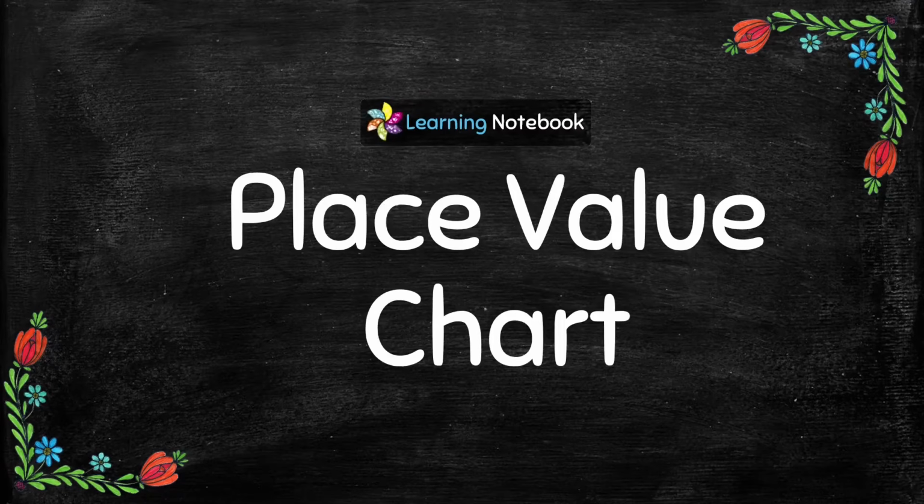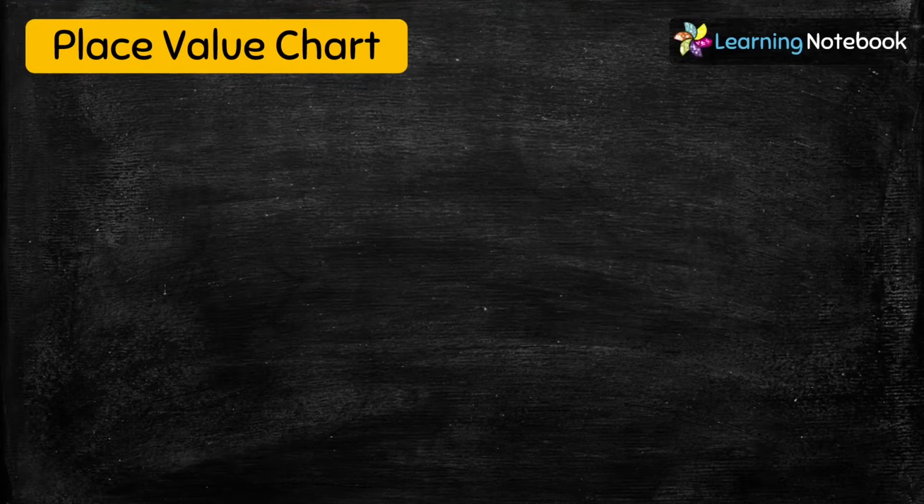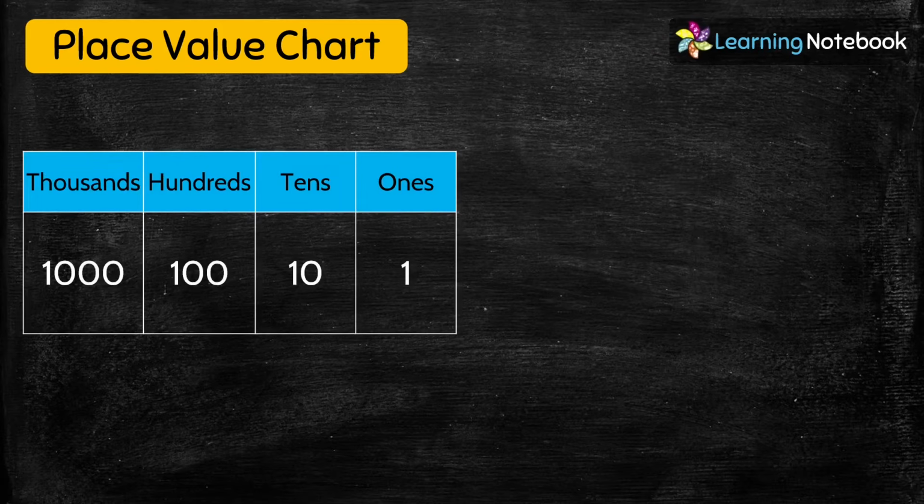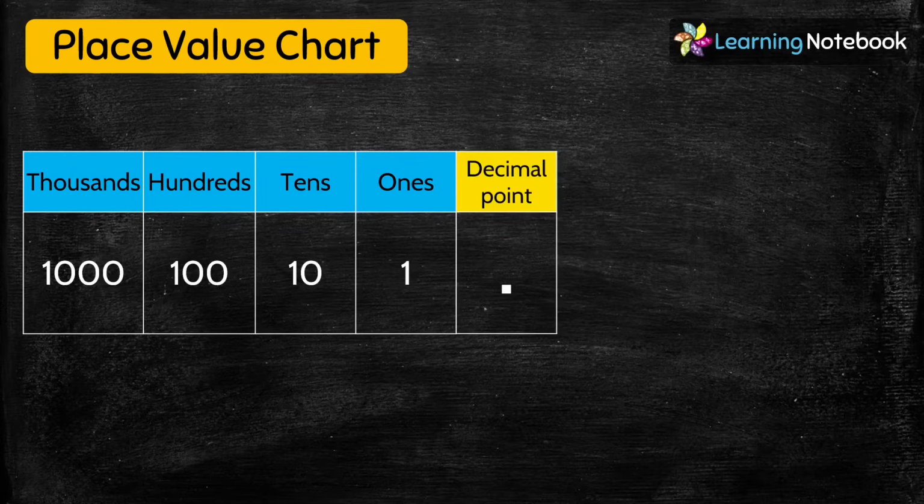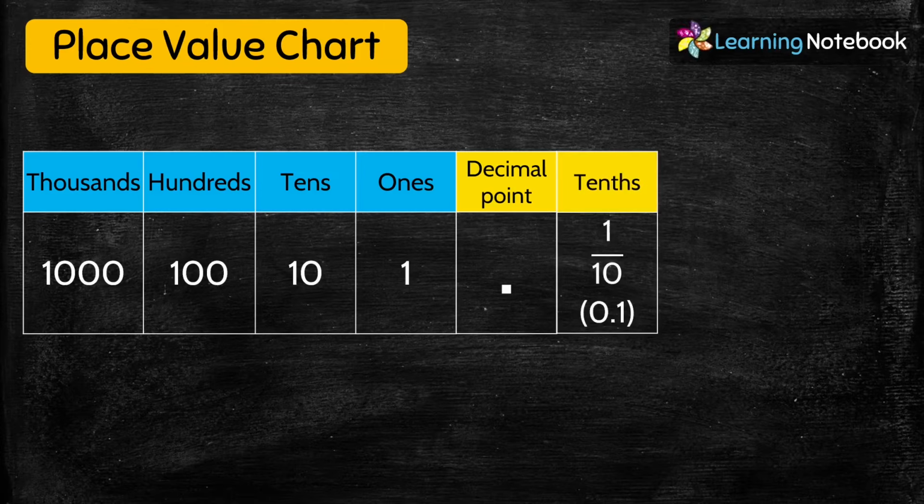Now let's understand place value chart of a decimal number. Place value chart for whole number part remains the same, which is ones, tens, hundreds, thousands, and so on. Next, we have decimal point. And then there is tenths, which is 1 by 10 or 0.1.